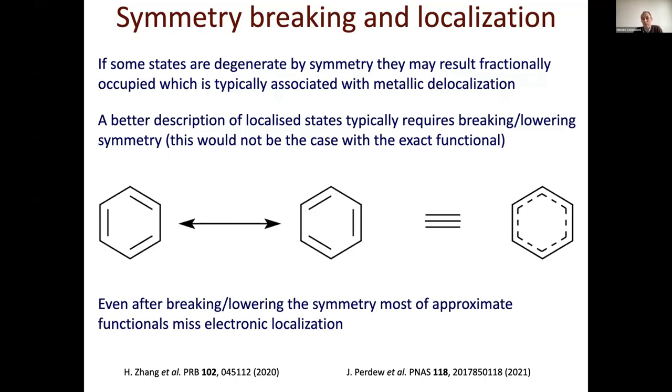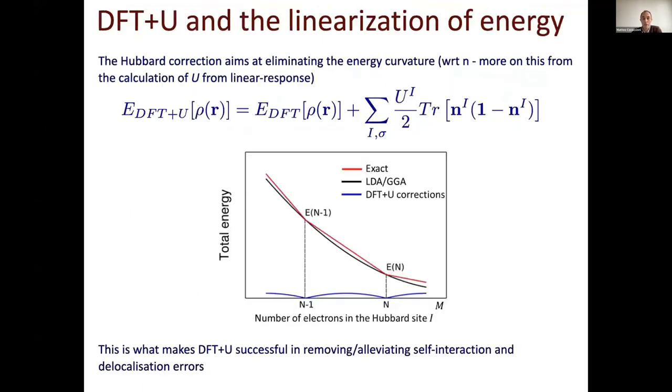So typically, in order to get better localization of electrons, you need to break some symmetry, and allow for that localization in this sense. In any case, what the DFT+U in its simplest version does is exactly this.